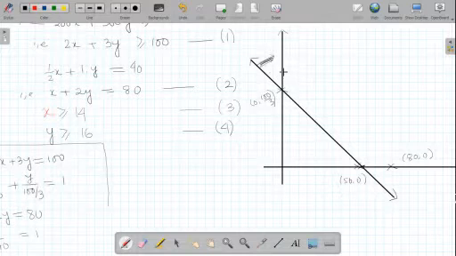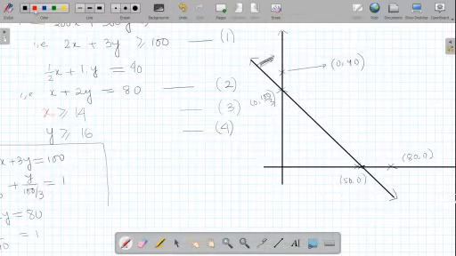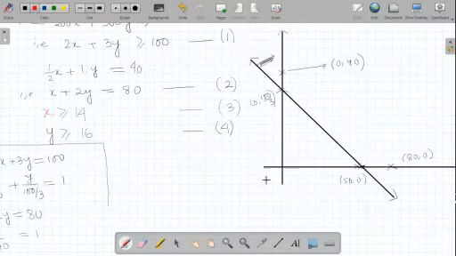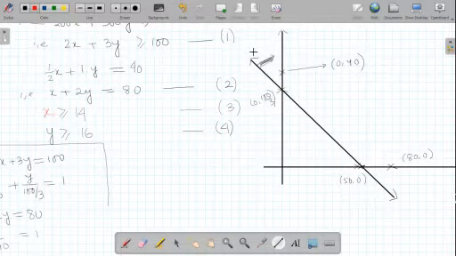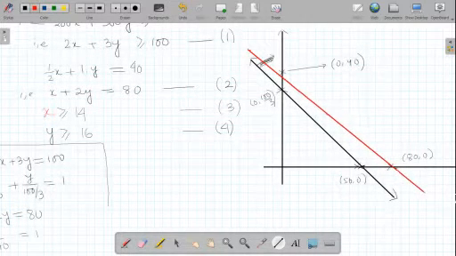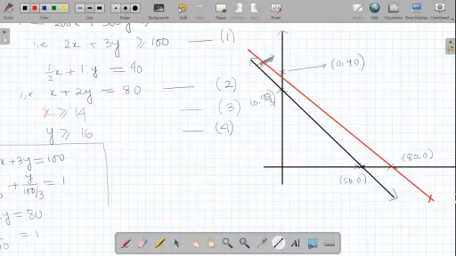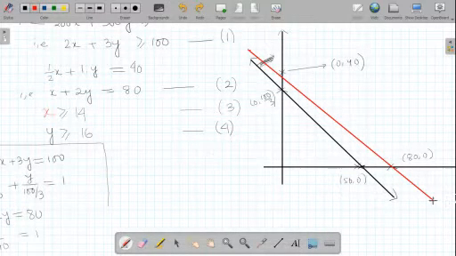So let's say this is my 0 comma 40. Now let's try to join the 2 points.